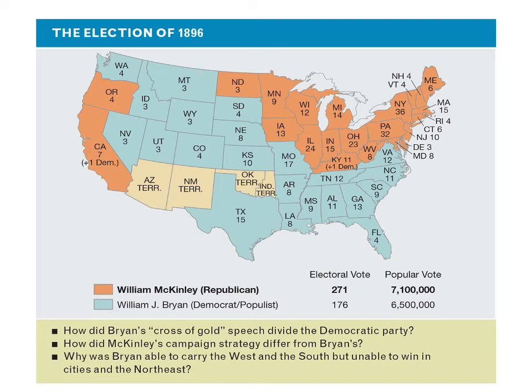If you look at the map, the areas colored in the blue tone, you can see it runs the entire South, Texas, the Midwest, all the way out. Now, Arizona, New Mexico, and Oklahoma were still territories in 1896. They weren't states yet. Right next to where it says Oak, that's Oklahoma territory, they still had Indian territory. That later became part of the state of Oklahoma, which of course helps explain why there are so many people of Indian heritage in Oklahoma.